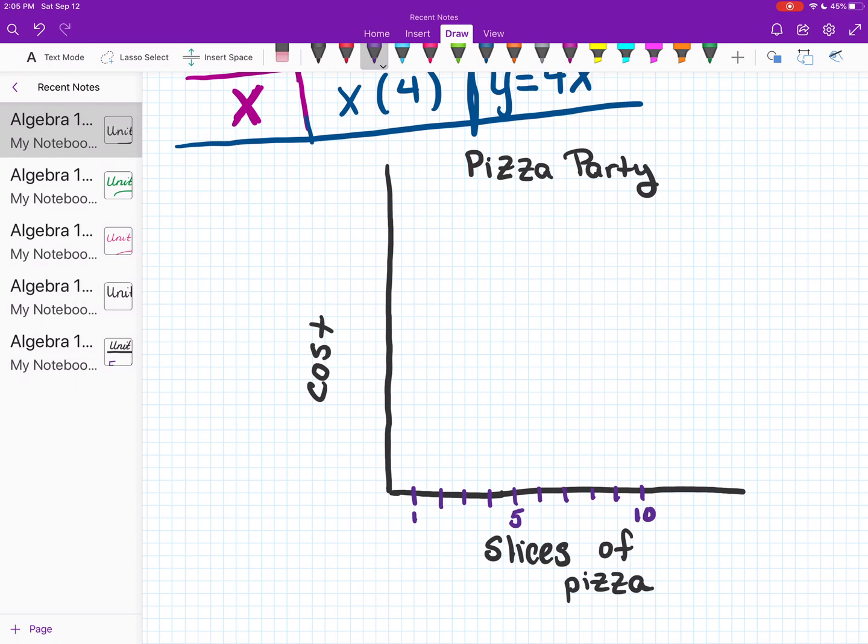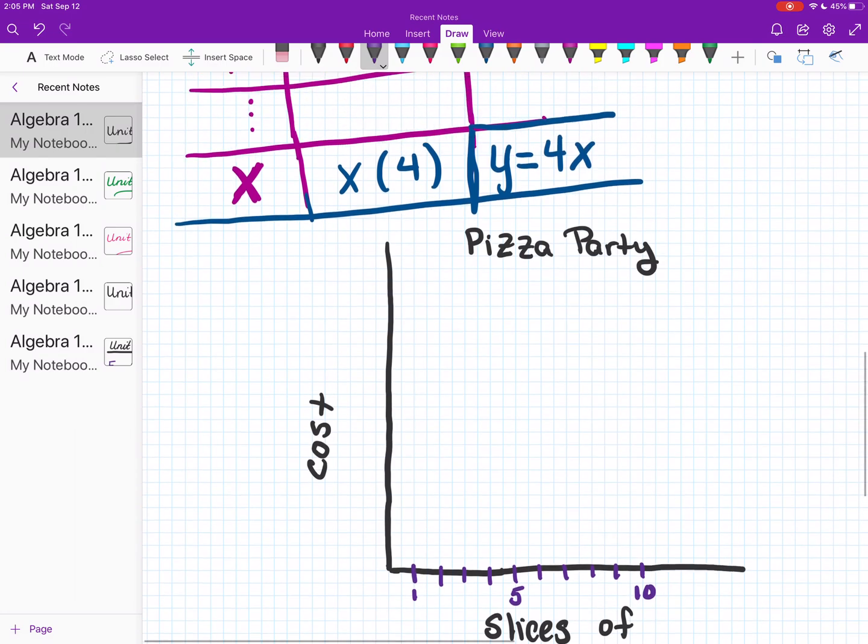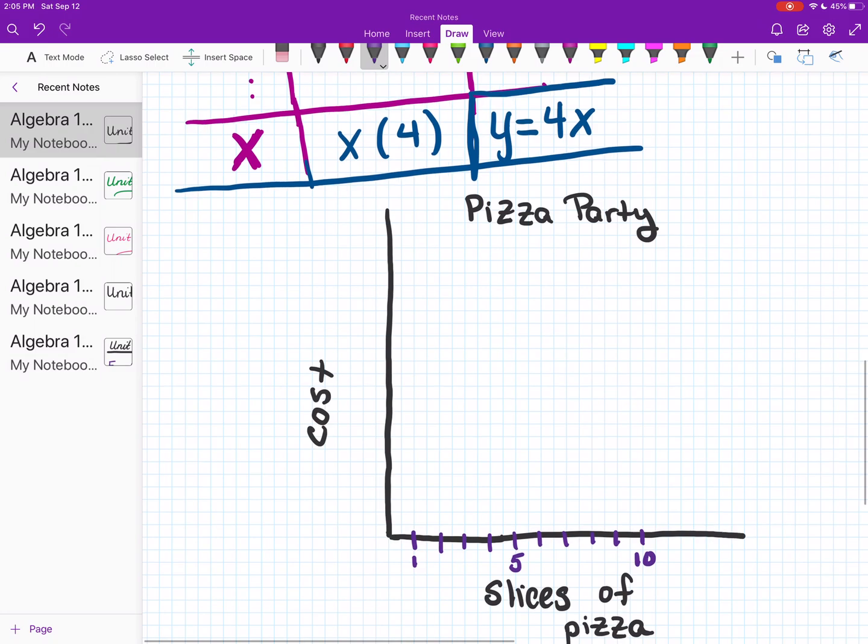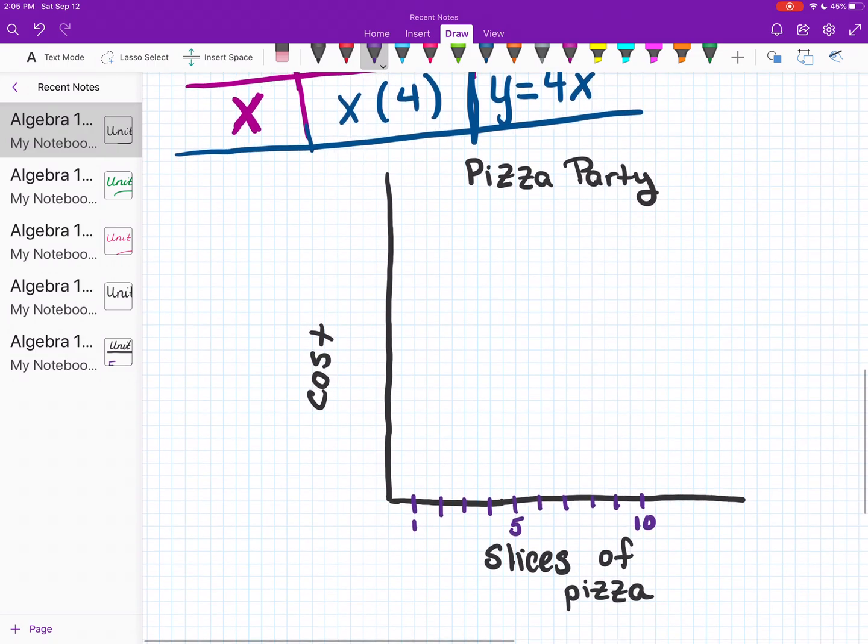Now the cost, if I'm going up to 10 pizzas, I can go back up and say, well, that's got to get me to $40. So I have to be able to get up to $40. Let's see what I'm going to count by. I think I'm counting by 5s. 5, 10, 15, 20, 25, 30, 35, 40. Oh, no. I can count by 1s. 1, 2, 3, 4, 5, 6... Oh, no, I can't.